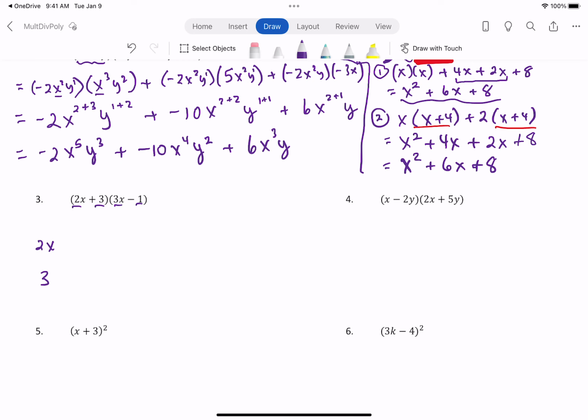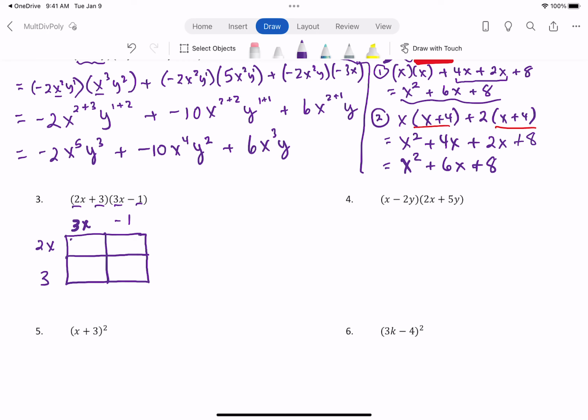And the two terms in the second parenthesis, I'm going to list them across. That's a positive 3x and a negative 1. And if I draw a box, then what goes inside the box is just the multiplication of the two terms that are on that particular box.